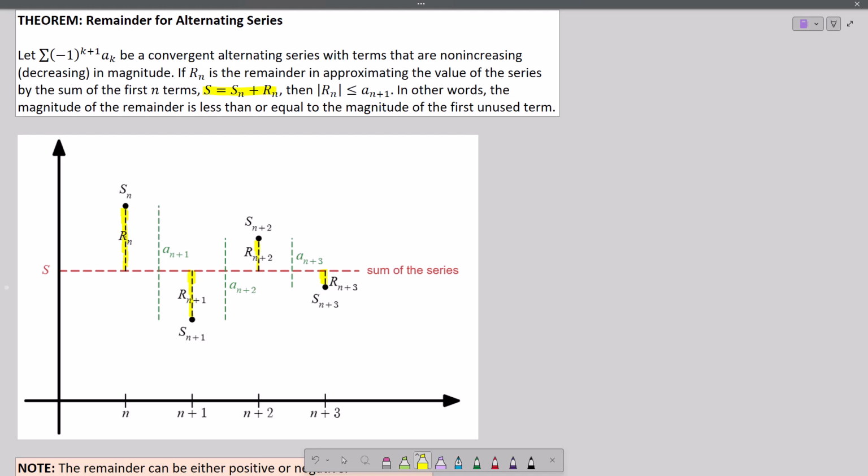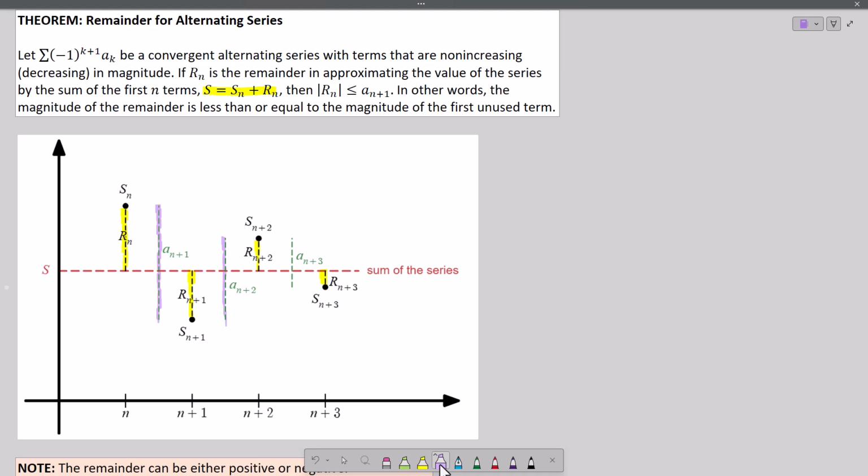But notice this, that the next term in the series, if we look at the magnitude of this green line, isn't this positive distance more than that positive distance? Right? And similarly over here, this positive distance is more than that distance right there.